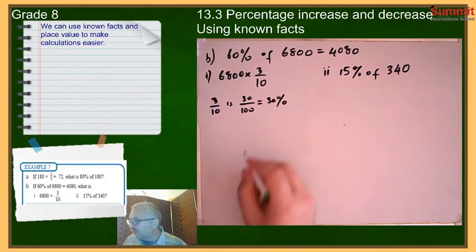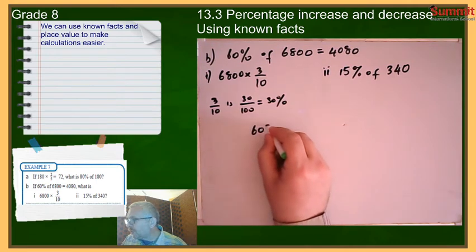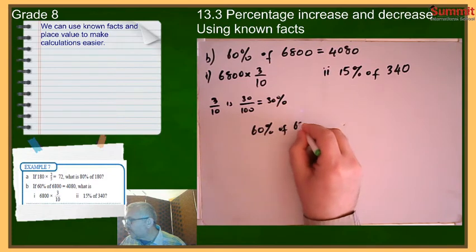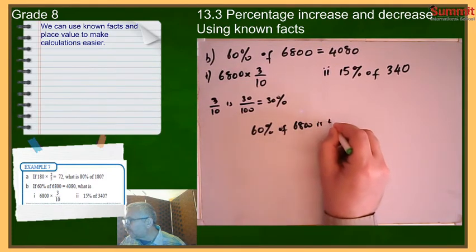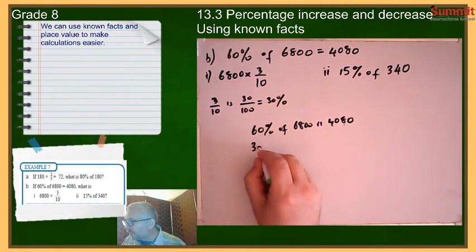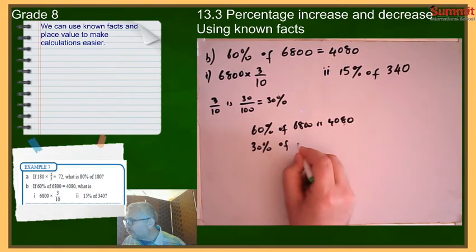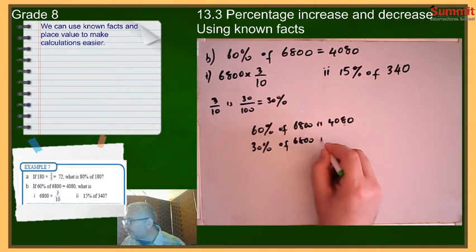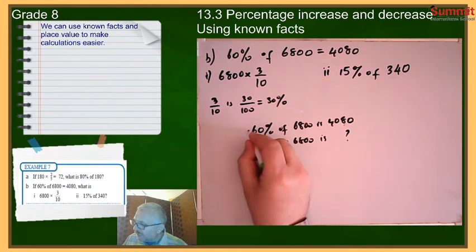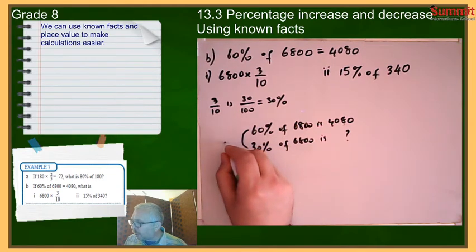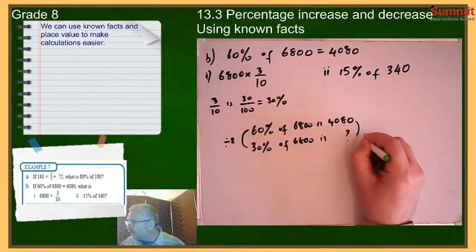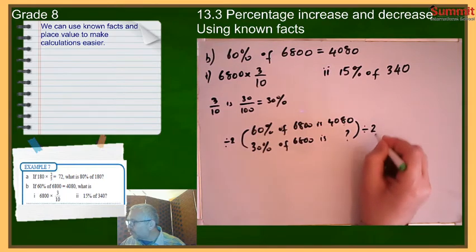Now we can say 60% of 6,800 is 4,080. What is 30% of 6,800? What happened here? It halved, it divided by 2. Then this one also we need to divide by 2.